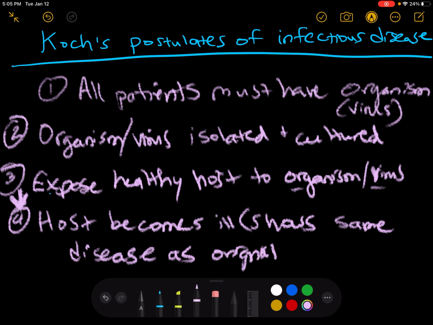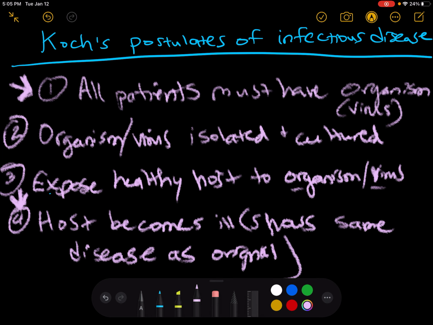And again, we expect the host to become ill with the same disease that we saw in the patient originally in number 1 here.